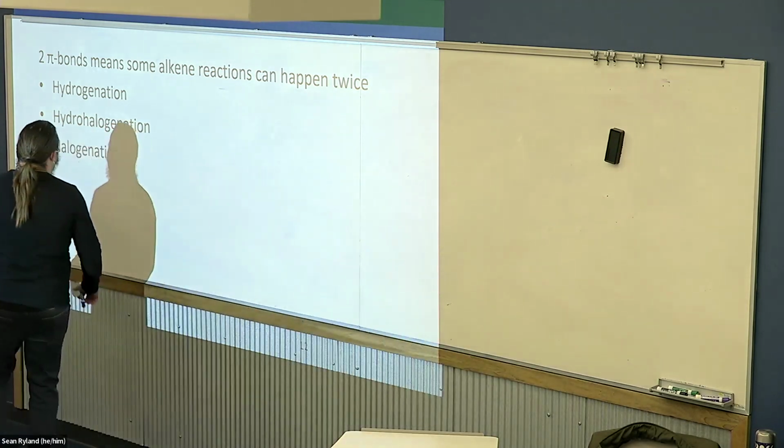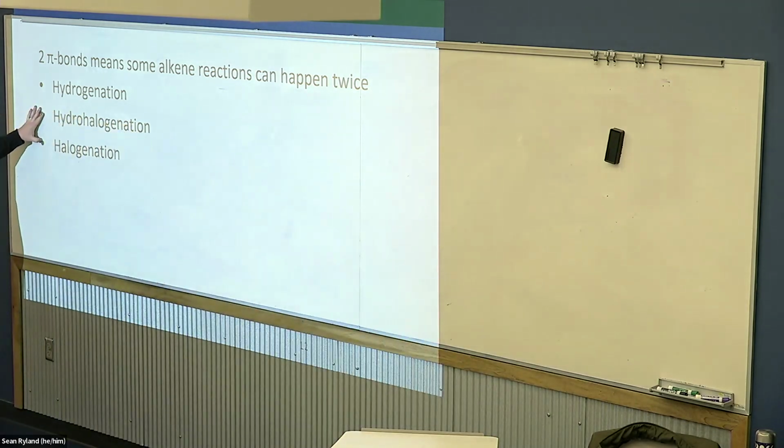We don't see them as often with iodine. They tend to be a lot slower, especially just straight I2. We don't dihalogenate or diiodinate. With HI, hydrohalogenation maybe, but either way, really it's just, you do it twice.